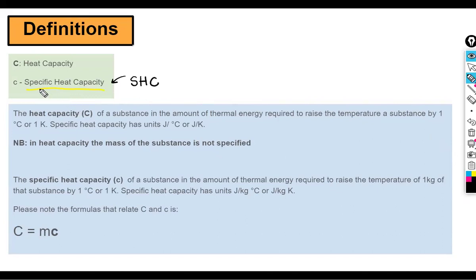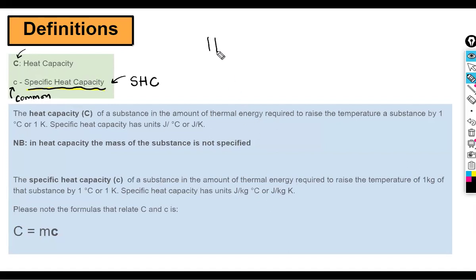Now, the truth is, the real symbol for specific heat capacity is a common C. Remember, write common C here. The reason I'm specifying it's common is that there's another value called heat capacity. Heat capacity does not have the word specific in it. Let me explain what the difference between specific heat capacity and heat capacity is.